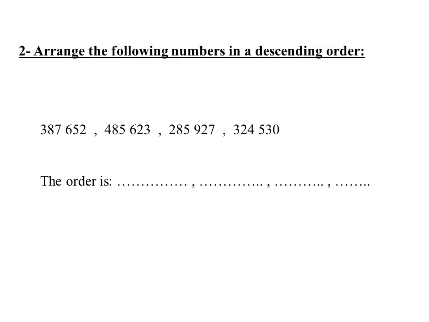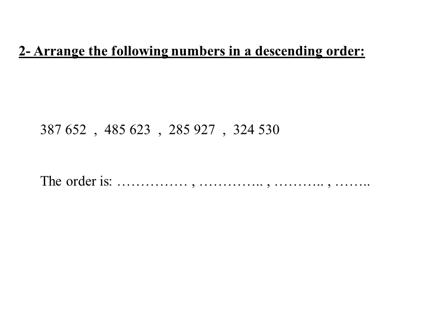Arrange the following numbers in a descending order. As we know, descending means from the greatest to the smallest. It's the opposite of the ascending. So, where is the greatest number here? As we see, all of the numbers have 6 digits. So we have to compare the greatest place, which is 100,000.